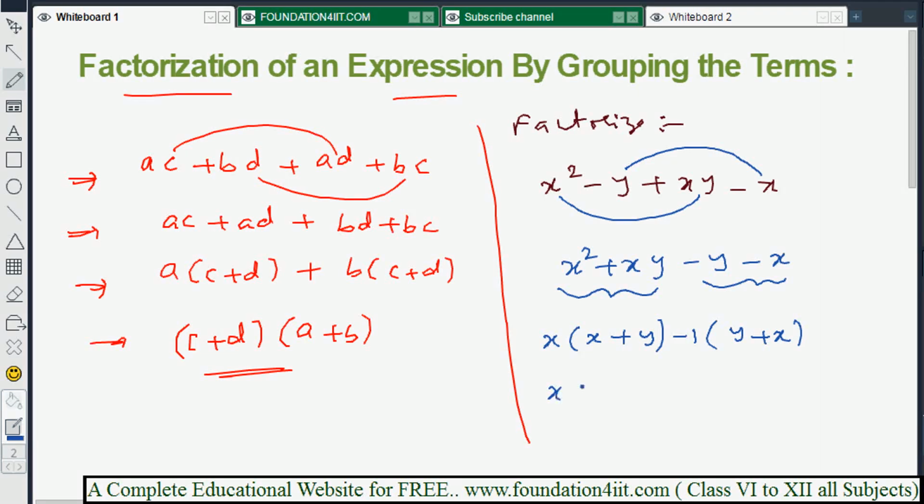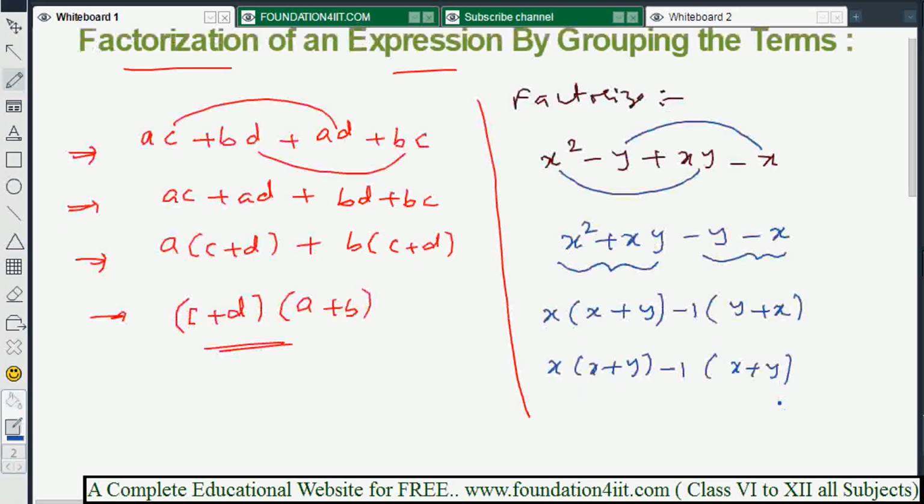So x into x plus y, minus 1 into this also x plus y, because y plus x or x plus y both are same. Now take x plus y as the common in both polynomials. So here first term x is left, in second polynomial minus 1. That's it. X plus y into x minus 1. So this is the way we can do grouping.